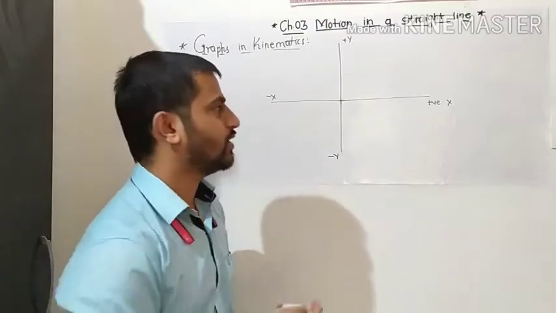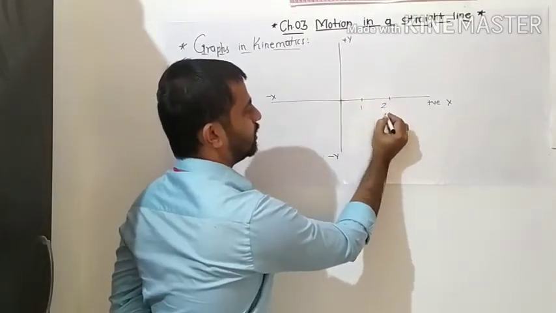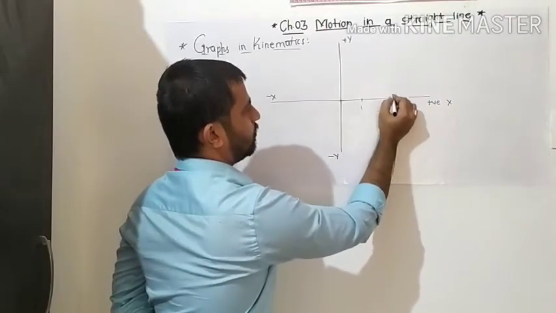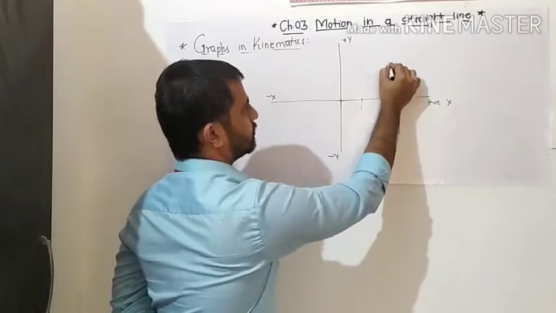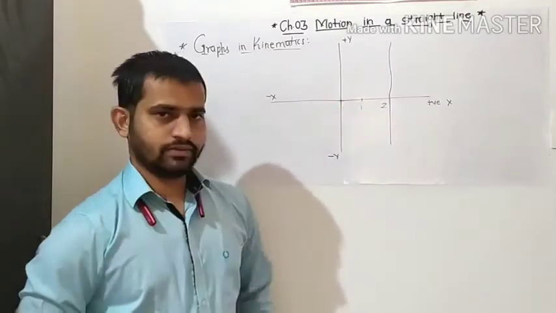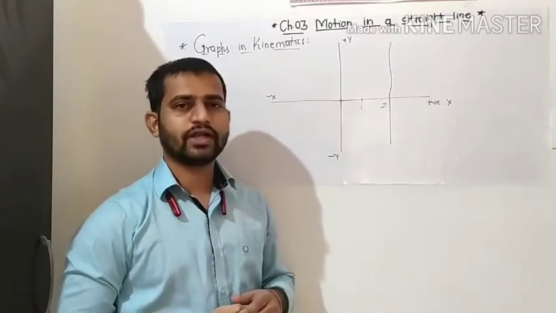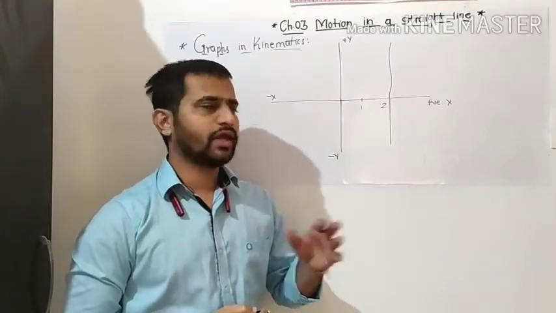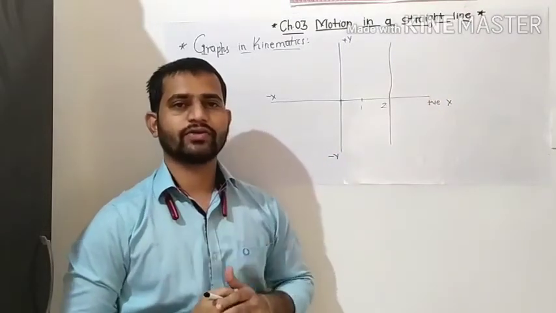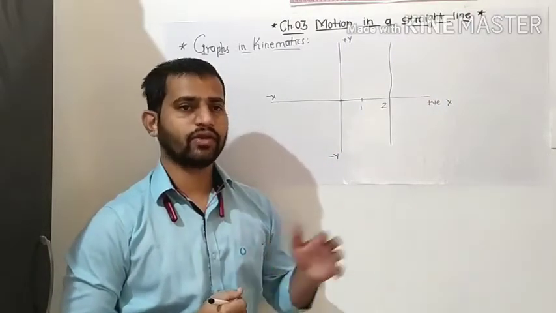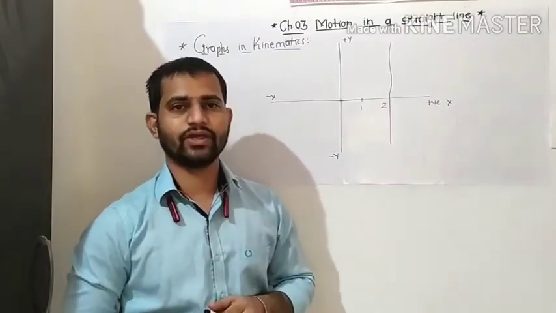Suppose here x is equal to 1, y is equal to 2, then if I draw one perpendicular line passing through this coordinate, any point along this line will represent the value of the x coordinate only.